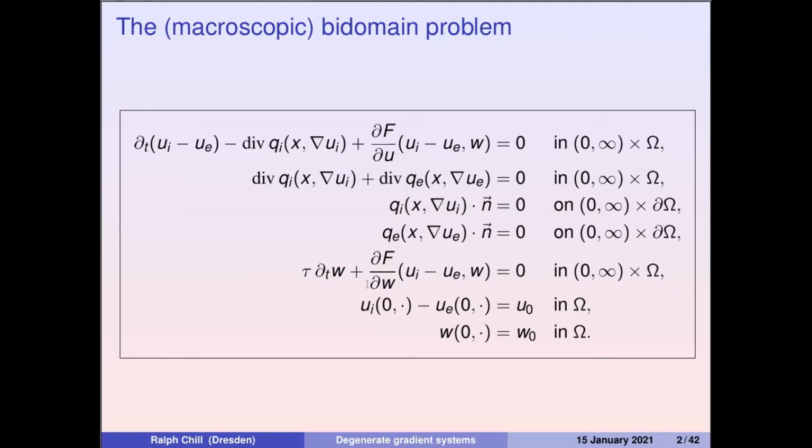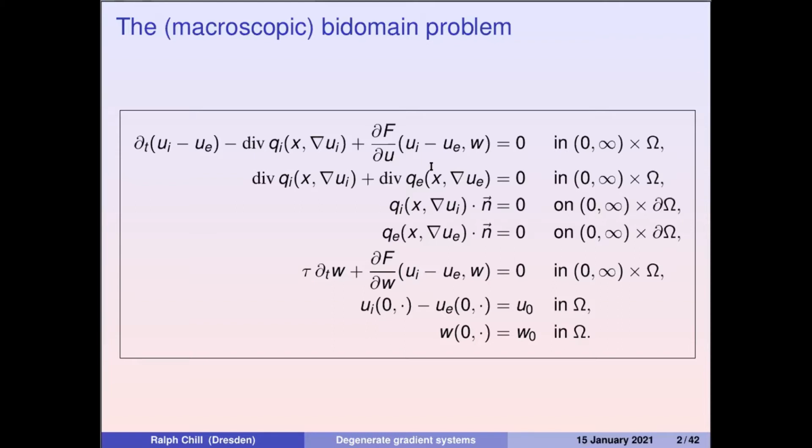But for us, without going into the modeling and so on, it is just important that there's an evolution equation coupled with the first line, with the second line, an elliptic equation.